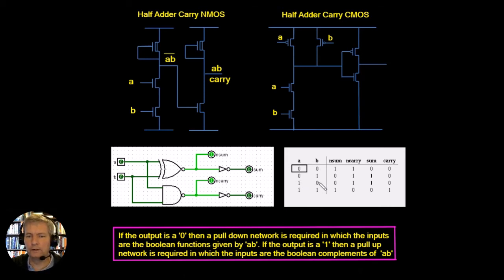So you could write down the full Boolean function for that, and you could work through the Boolean algebra. I suppose I could do a little section of it here. In this case, for the high output, you're going to have the complements of the inputs.